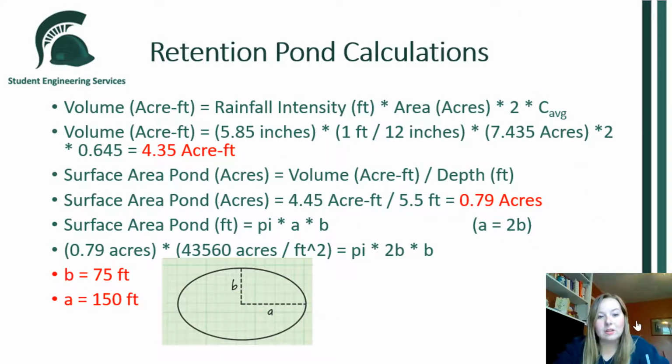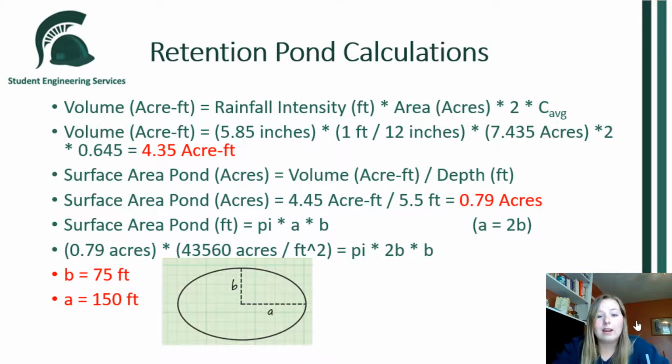The equations listed on the previous slide may now be used to determine the dimensions of the retention pond. First, the volume is calculated in acre-feet by multiplying the rainfall intensity, which is 5.85 inches found from the MDOT tables for a 24-hour 100-year storm, multiplied by the total area, which is 7.435 acres, times the average runoff coefficient, which is 0.645, and then multiplied by 2.